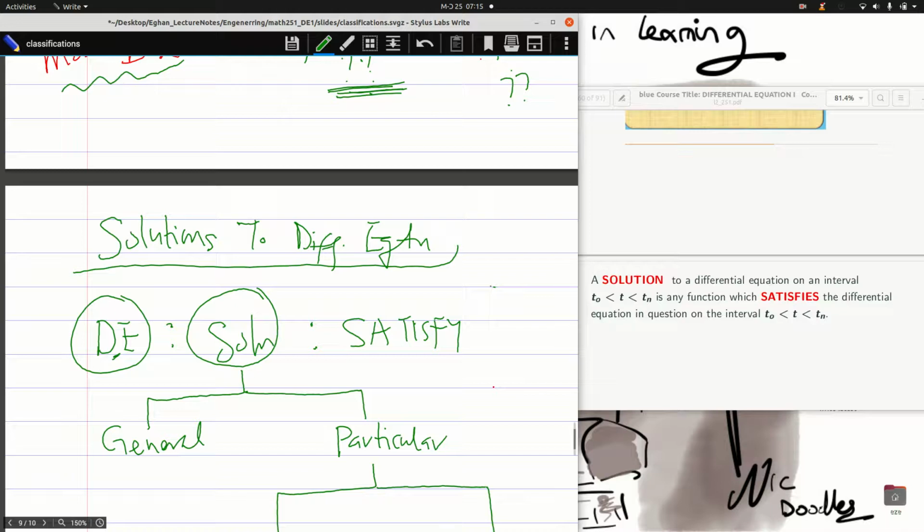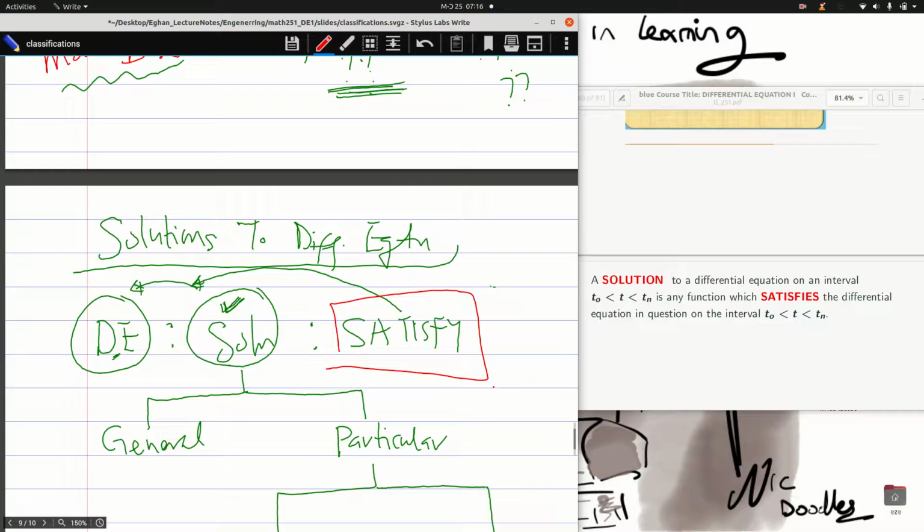This is a solution to the differential equation if and only if it satisfies the differential equation. The key term is that it must satisfy the differential equation and any other information that comes with it. Other than that, it fails to be a solution.